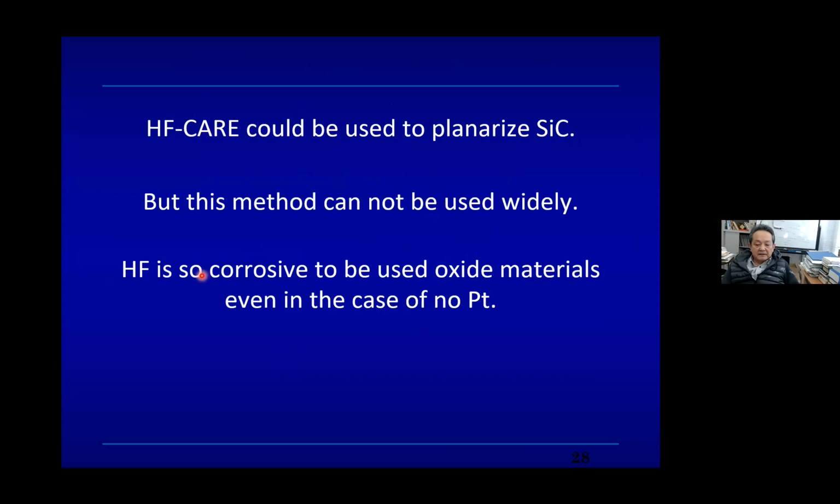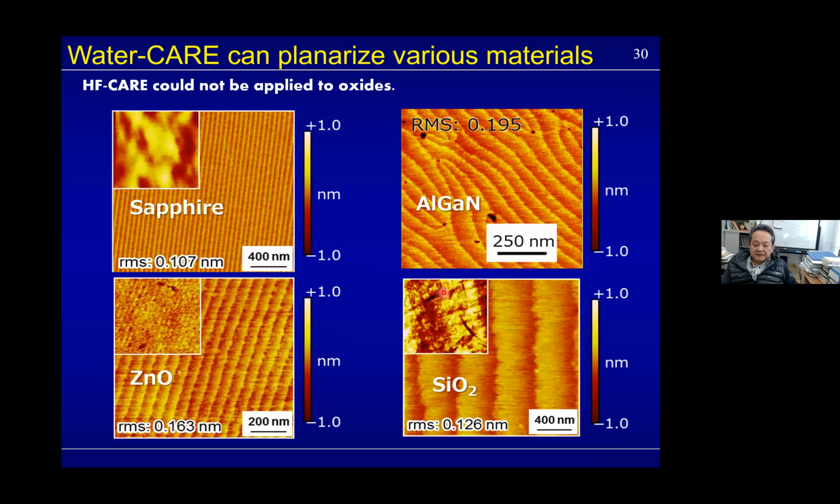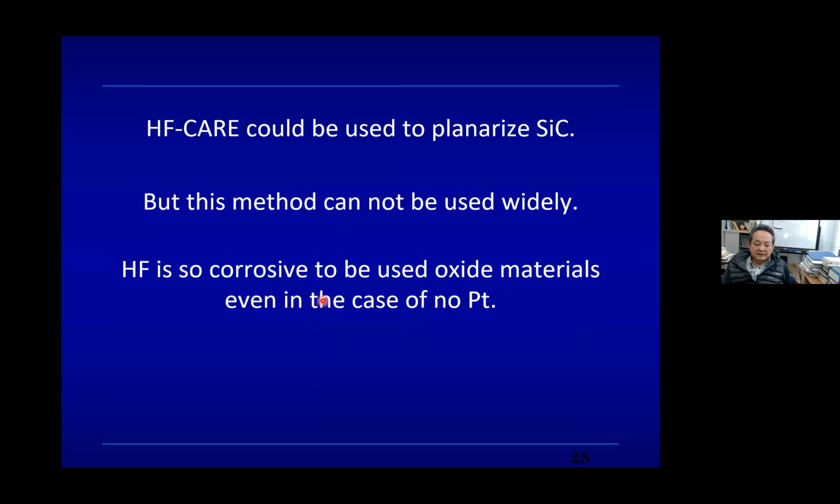These materials automatically dissolve into the HF solution, so we cannot realize this configuration. But in the case of the water CARE, we can apply this method for many kinds of application.